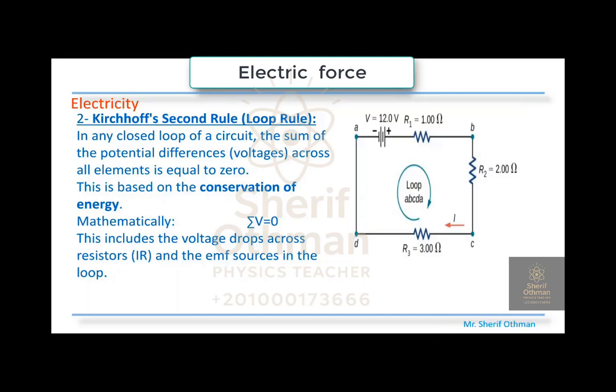So, in any closed loop of a circuit, the sum of potential differences across the elements is equal to 0. This is based on conservation of energy. This includes the voltage drop across resistors and the EMF source in the loop.